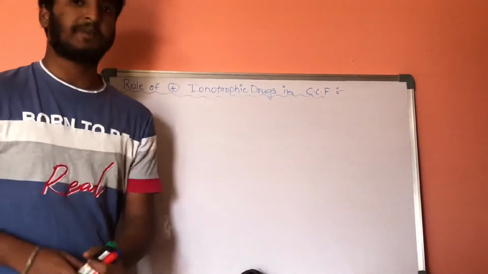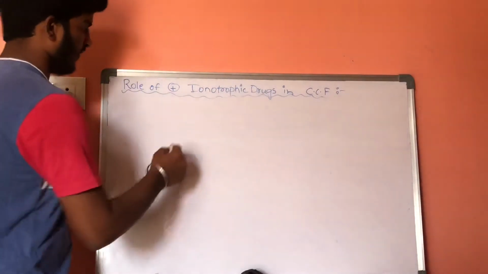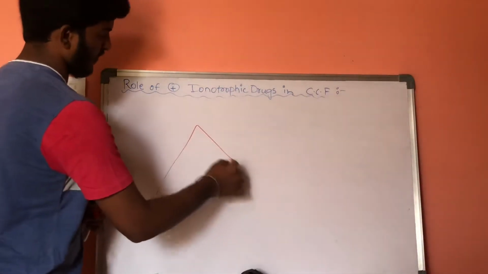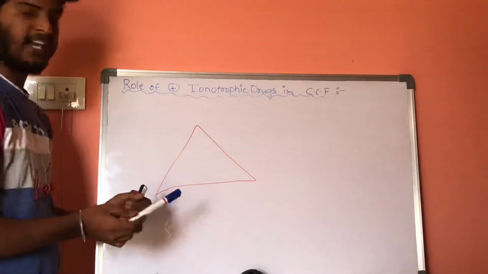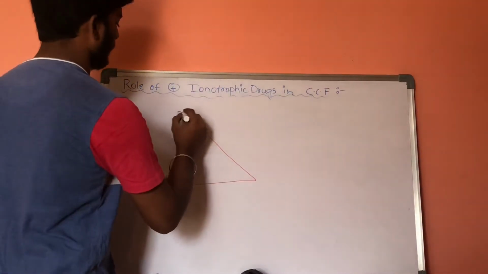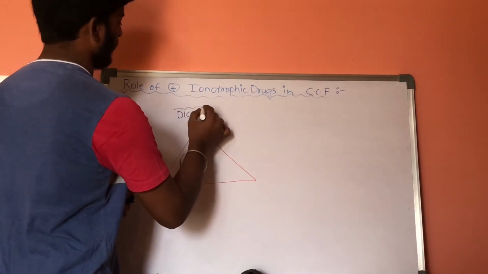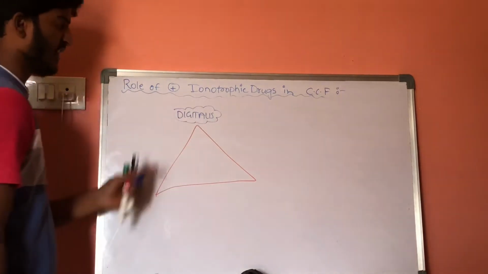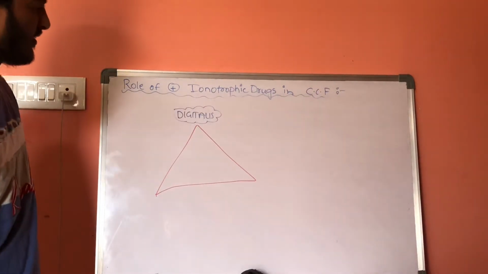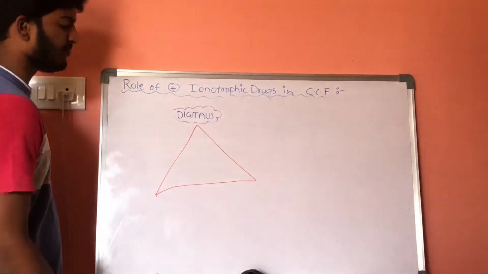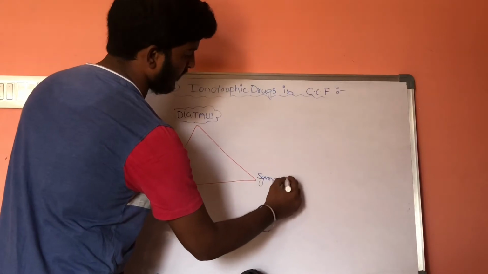There are specially three classes of positive inotropic drugs used in congestive cardiac failure. The first type is digitalis. Digitalis is a special class of drugs which are used as positive inotropic drugs, and the second one is sympathomimetic drugs.